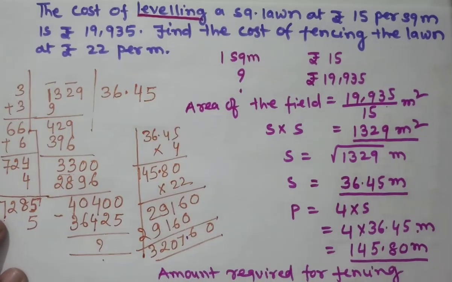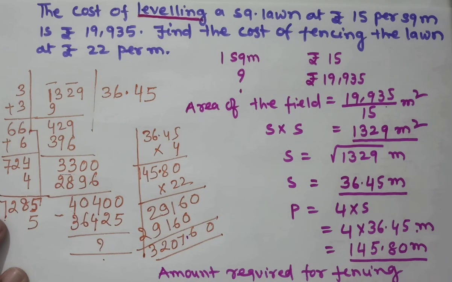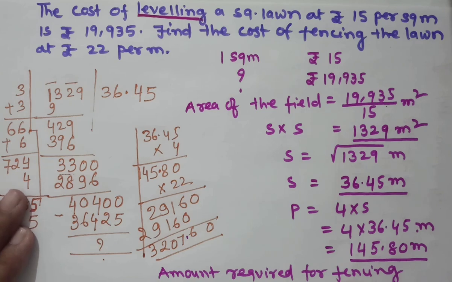The question was, the cost of leveling a square lawn at rupees 15 per square meter is rupees 19,935. Find the cost of fencing the lawn at rupees 22 per meter. First we calculated the area. The area was 1329 meter square. Then we calculated the side.